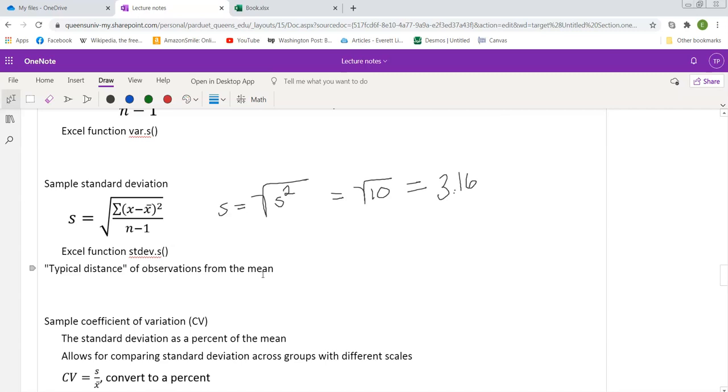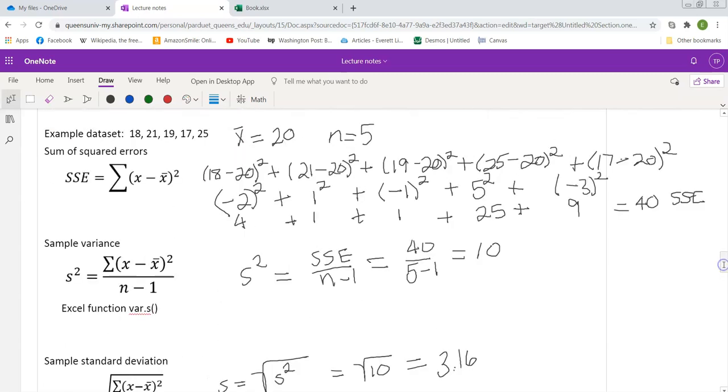But if you look at what we've done, we found essentially the distances of all of the x's, all of the observations, from the mean. We squared those. We divided by almost the sample size. So at this point, this is almost the average squared distance.